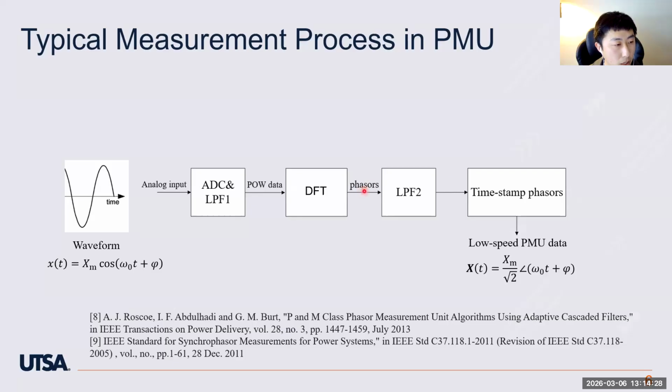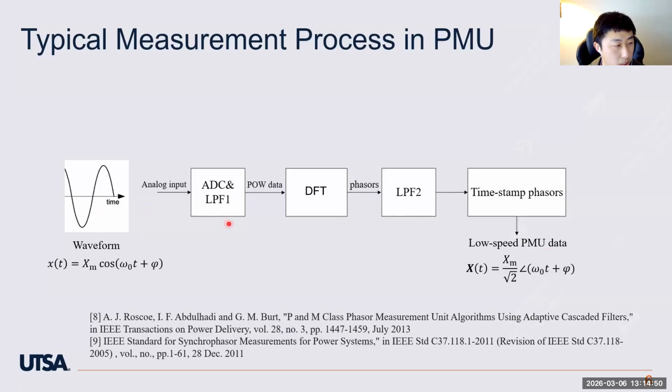And then the phasors pass through a second low pass filter, which typically has a cutoff frequency at 60 Hertz. Then the filtered phasors will be time-stamped and reported as the PMU data that we see in the field.